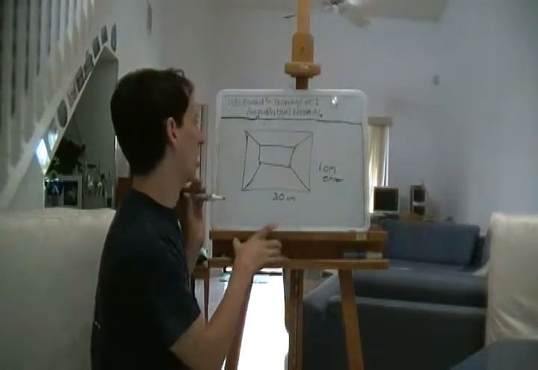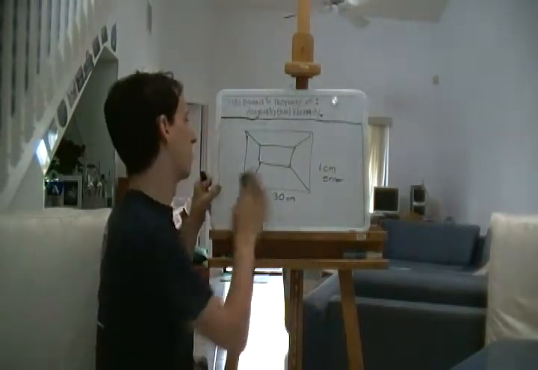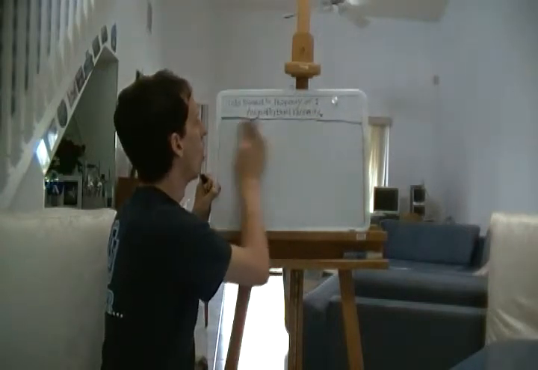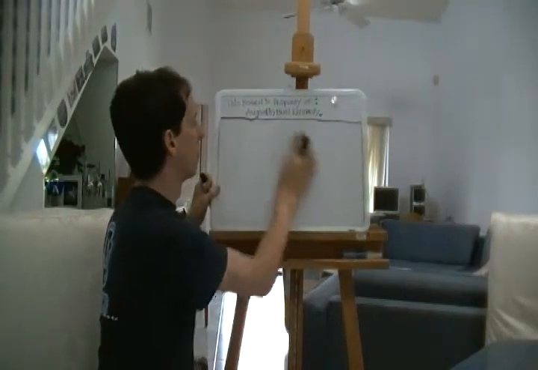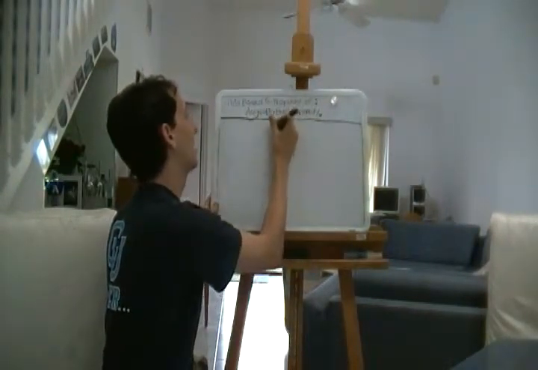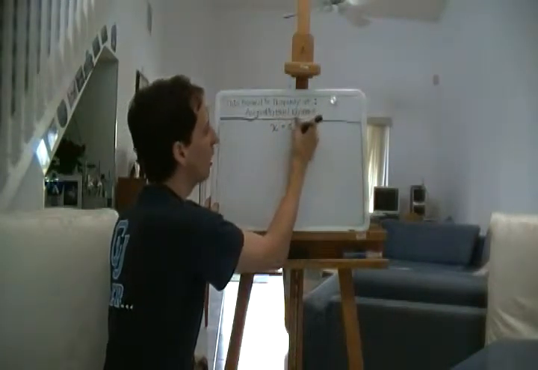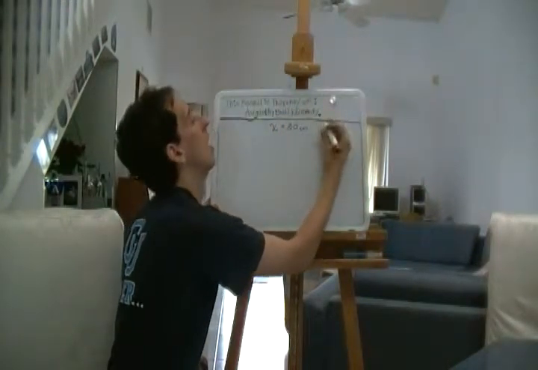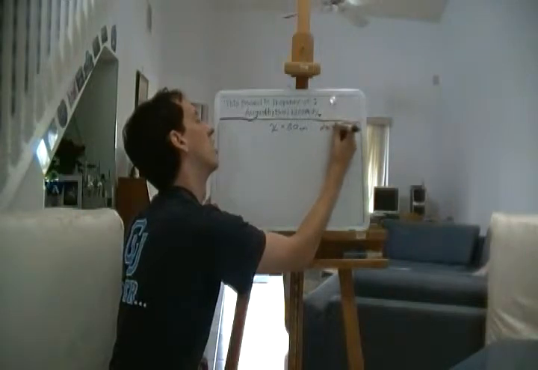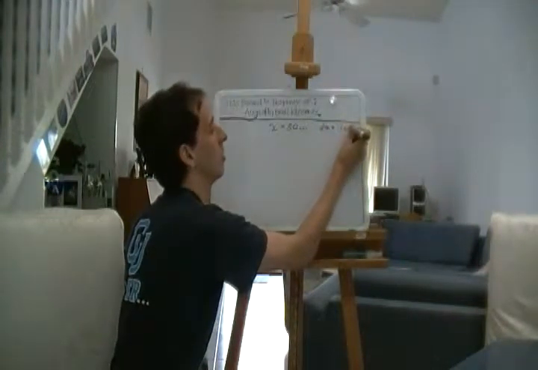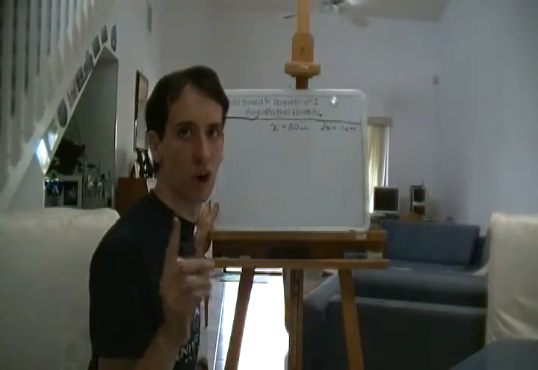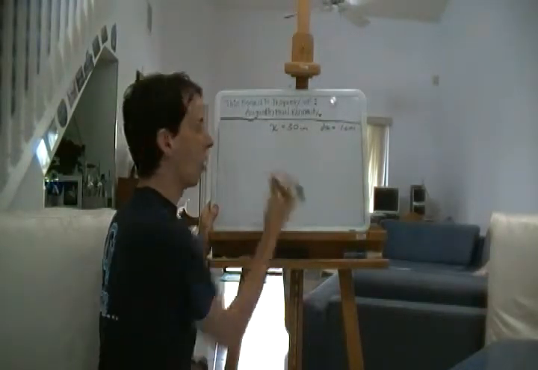Now, let's set this up. That's the diagram. We know, therefore, we can say that x equals 30 centimeters and dx equals 0.1 centimeter. That's the key observation. Knowing that, we can look at the volume of the cube.